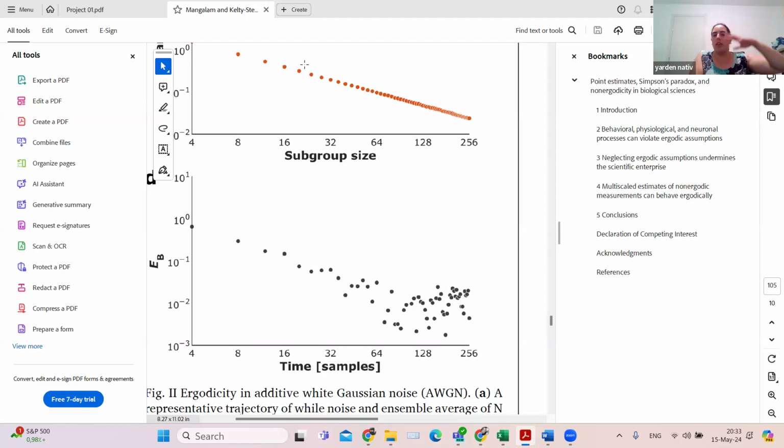For example, the first subgroup of 10 people will be subjects 1, 3, 8, 7, blah blah blah. And then I shuffle and randomly pick again until I have all possible shuffles, all possible combinations, right? And then for each one of them, I would calculate the variance. Okay.